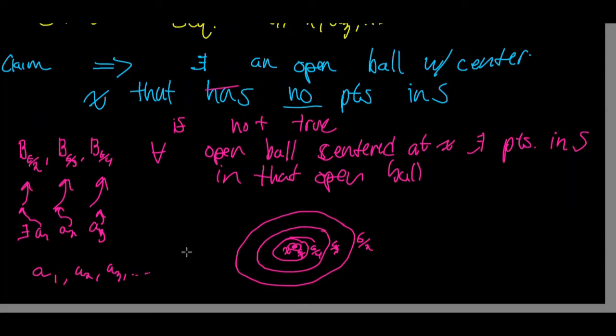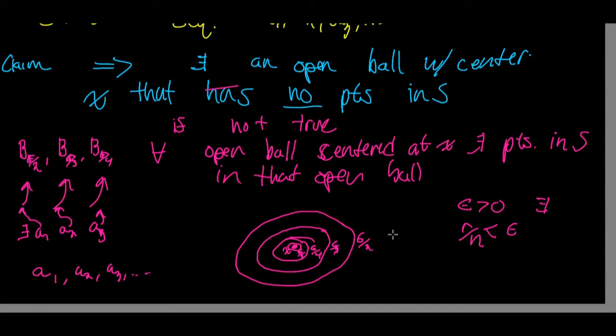So check this out. I can say that this sequence converges to X because, given any epsilon strictly greater than 0, and maybe I should have called these radii r over 2, r over 3, r over 4, and so on, there exists an r over n, which is the radius of one of these open balls, that is strictly smaller than that epsilon.